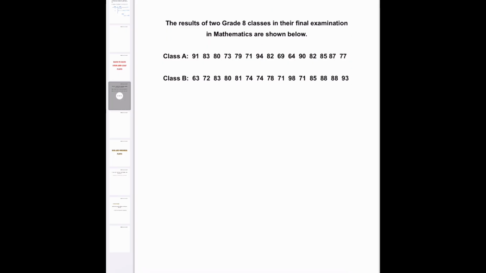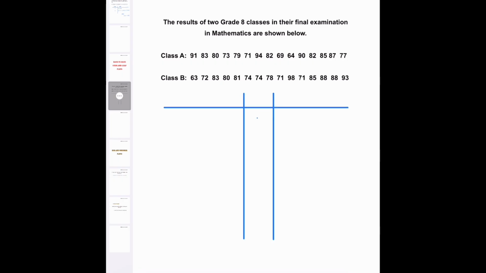First, we need to start drawing our table. This middle section right here is the stem column. You're going to have the leaf for Class A here, and then Class B. Before filling in the table, we need to look at the lowest and the highest values.